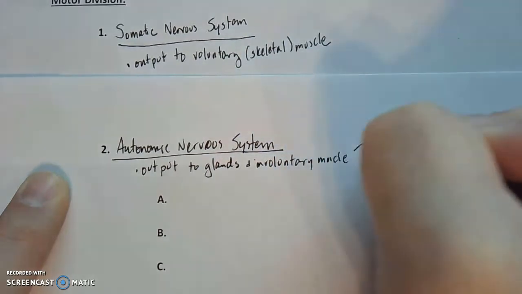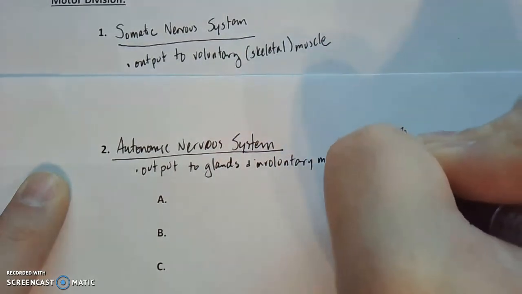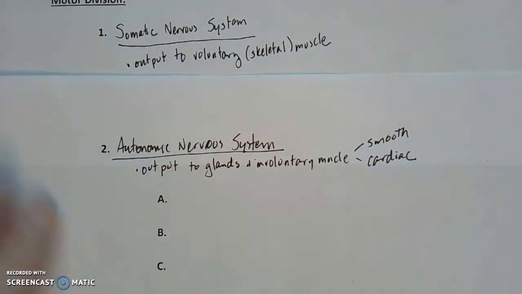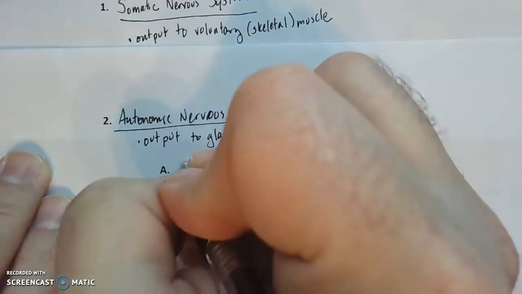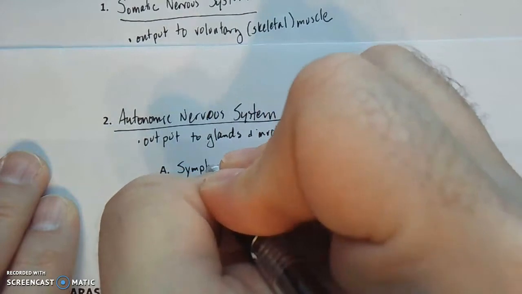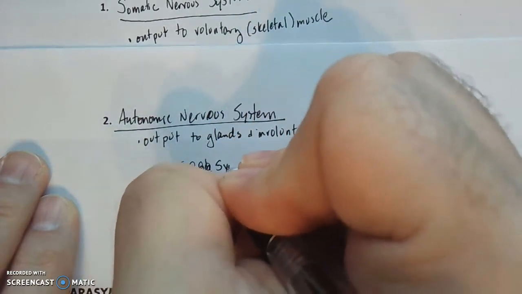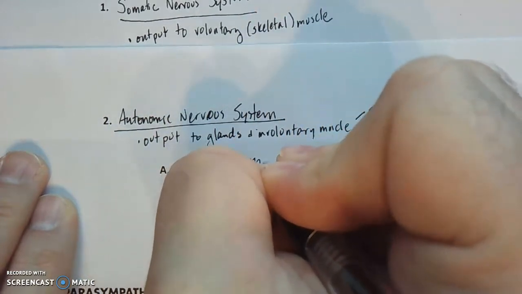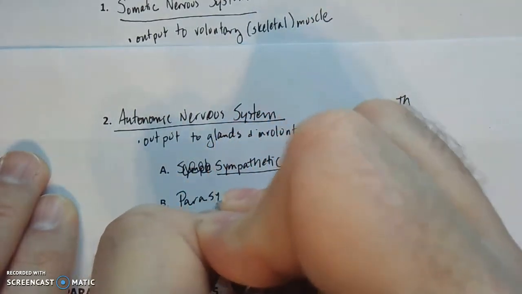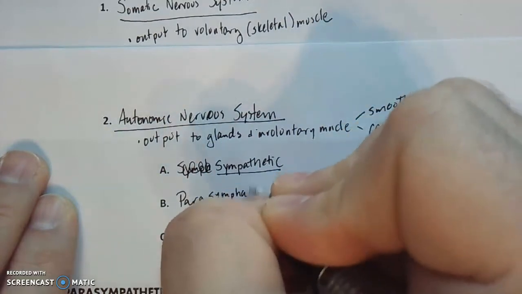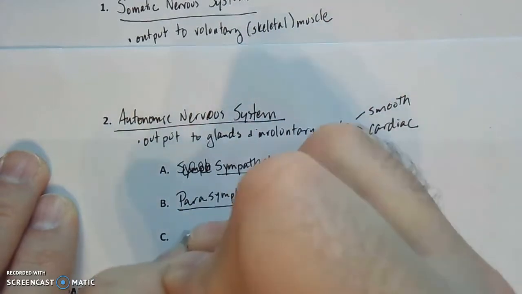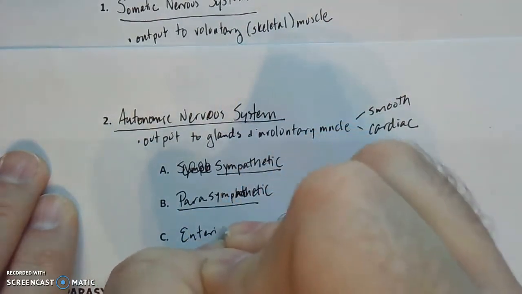So smooth and cardiac. And it can be divided into three main parts. We have the sympathetic, the parasympathetic, and the enteric.